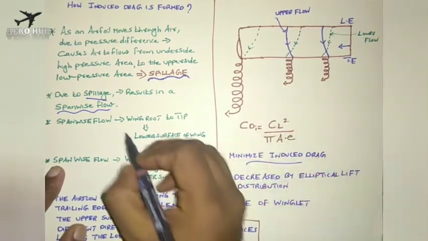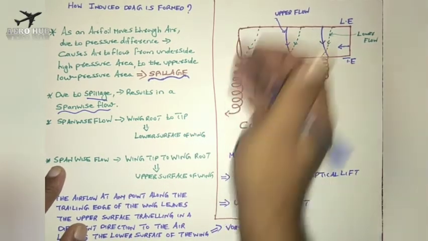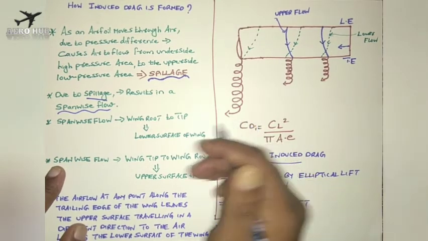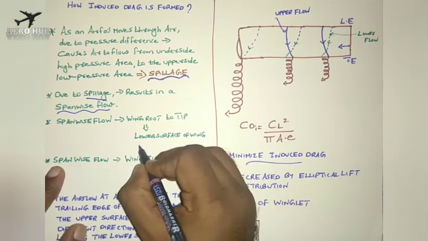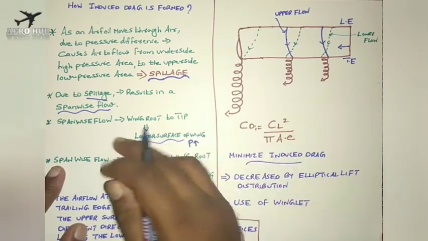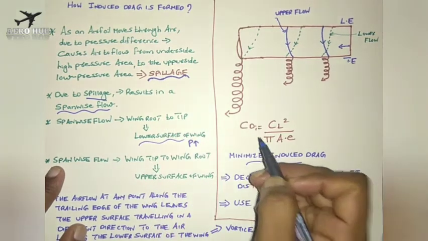This spanwise flow has a different direction at the lower surface of the wing and the upper surface of the wing. At the lower surface of the wing we have high pressure, so the spanwise flow will be from wing root to wing tip.